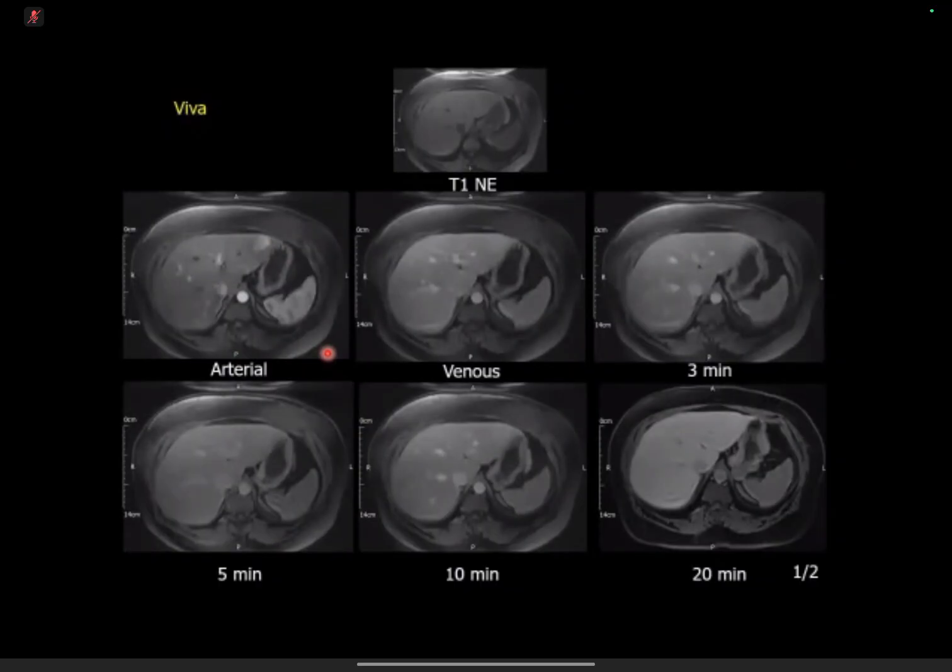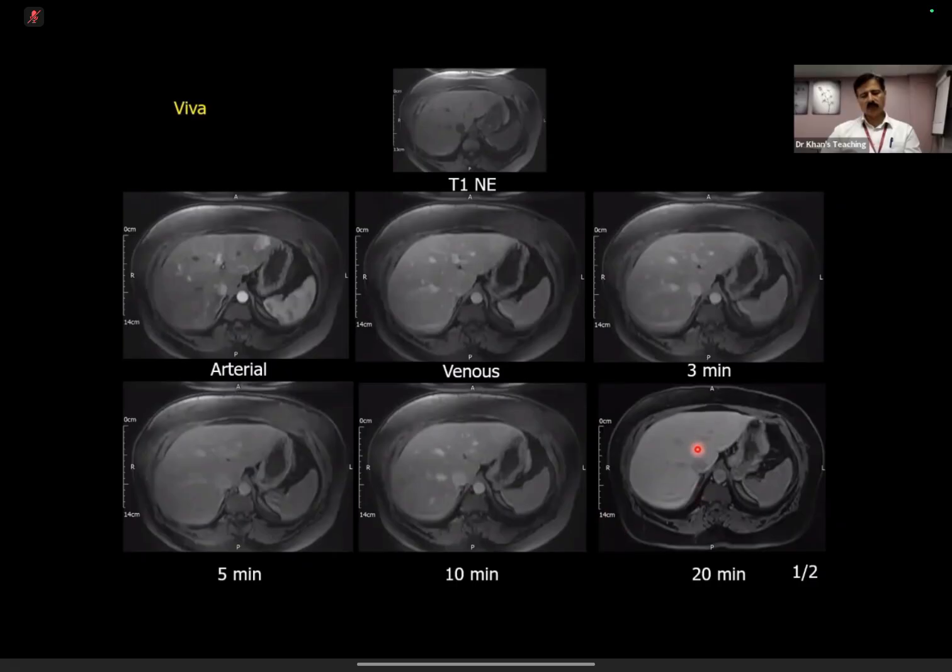There are two lesions, as pointed out, in the left and right lobes, which are not very conspicuous on the pre-contrast T1, and they show avid arterial contrast enhancement, and they equilibrate to the liver parenchyma on the venous and delayed phases, and then I think we probably, is the bottom right a hepatobiliary? 20 minutes, yes.